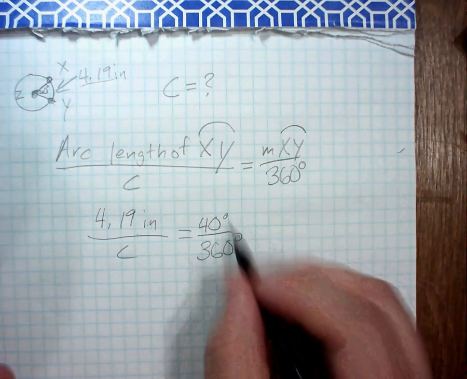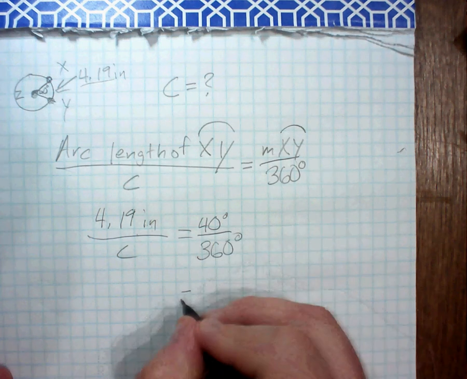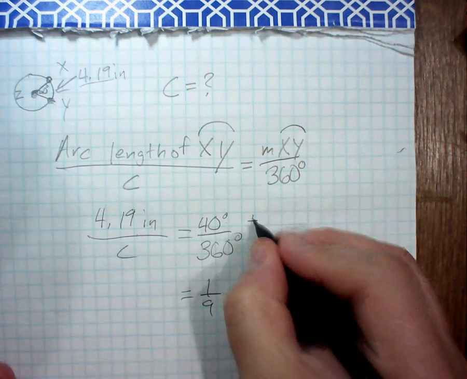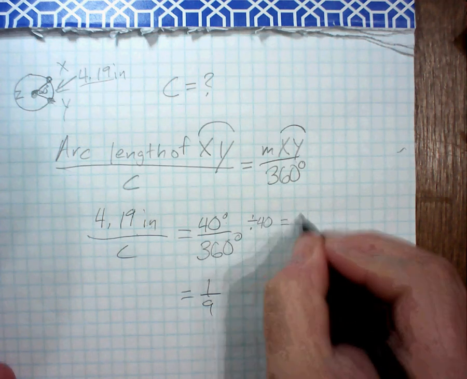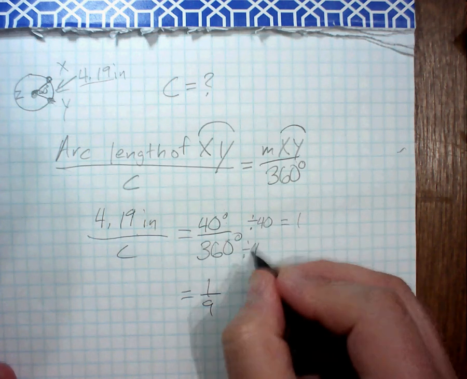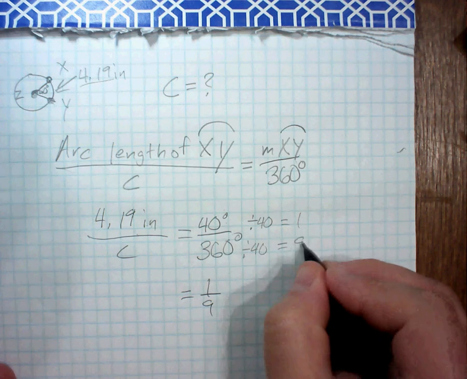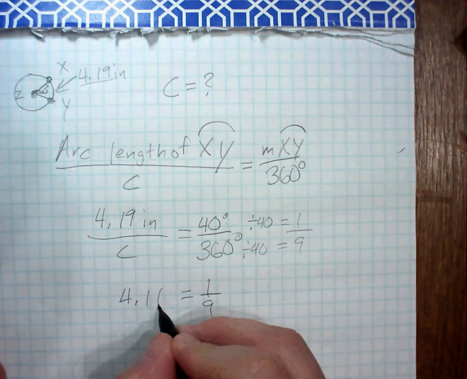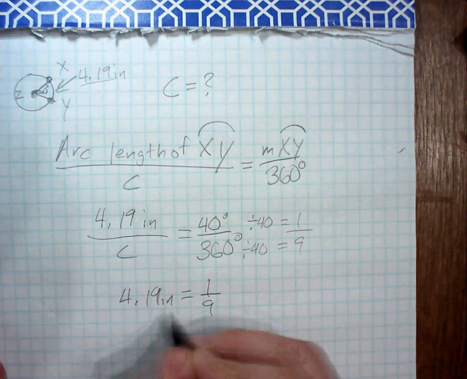Now, this reduces down to 1/9. If I divide this by 40, that equals 1, and whatever I do to the bottom of the fraction, I have to do to the top. And then I get 4.19 inches is equal to C.